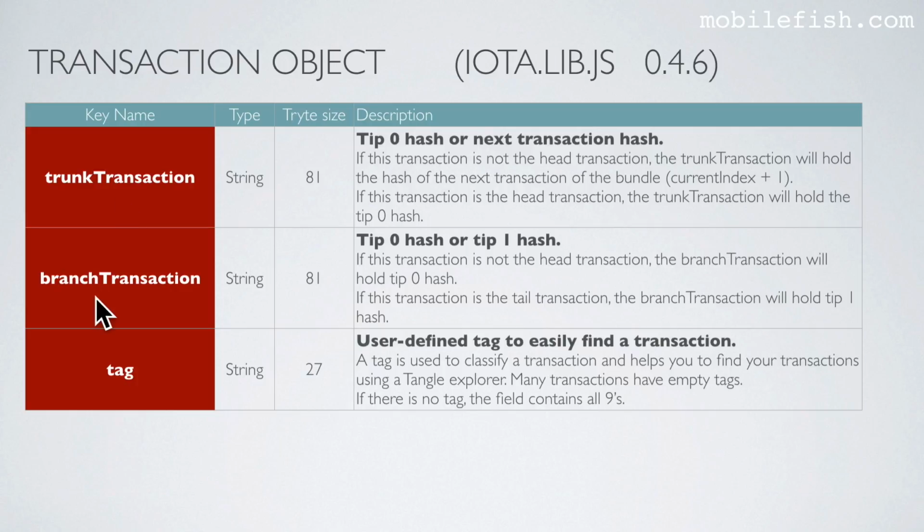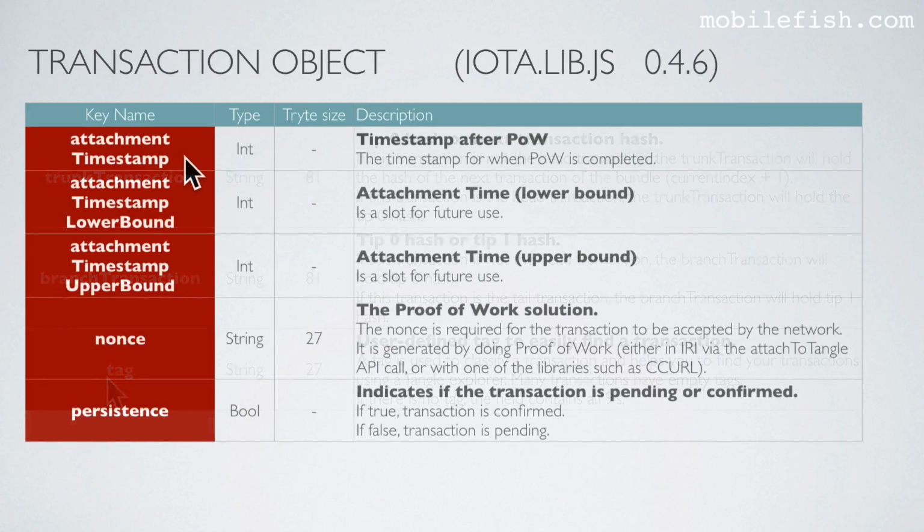The branch transaction field will hold tip 0 hash or tip 1 hash. If this transaction is not the head transaction, the branch transaction will hold tip 0 hash. If this transaction is the tail transaction, the branch transaction will hold tip 1 hash. The tag field is a user-defined tag to easily find a transaction. The attachment timestamp field holds the timestamp after proof of work.